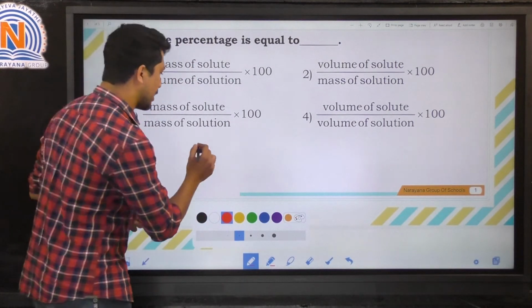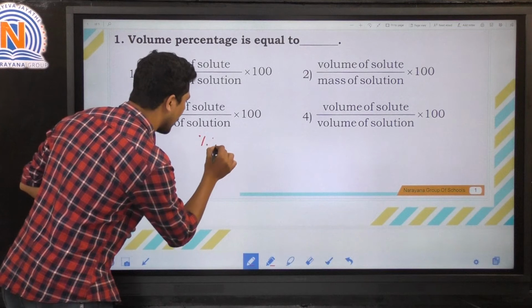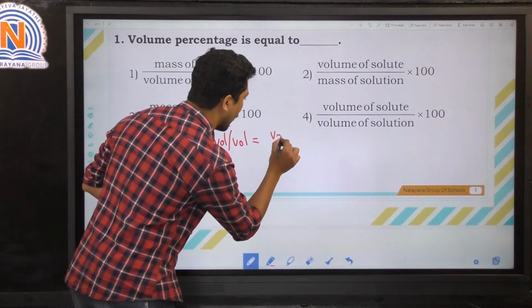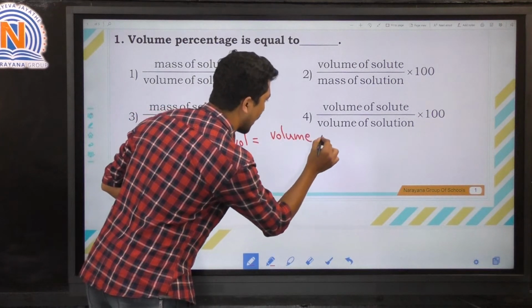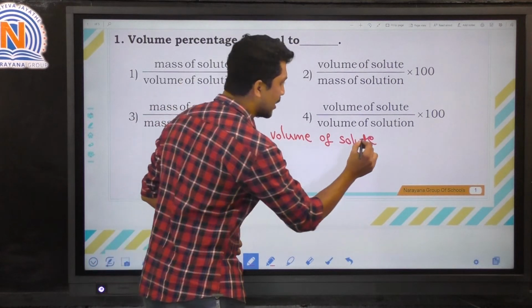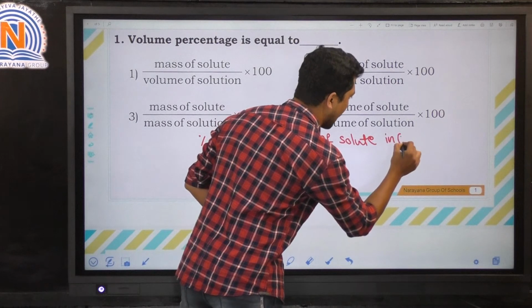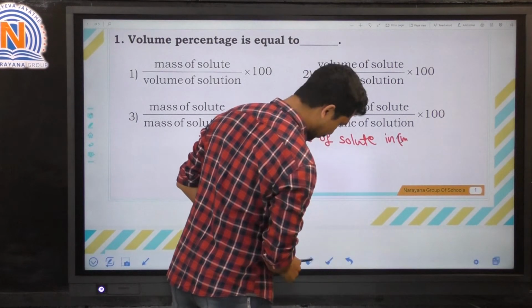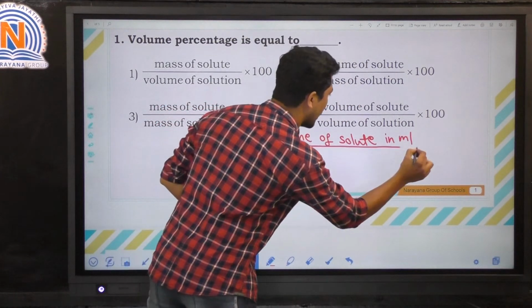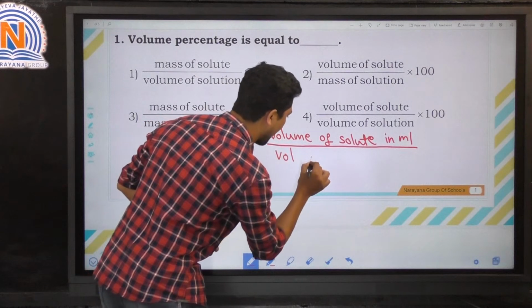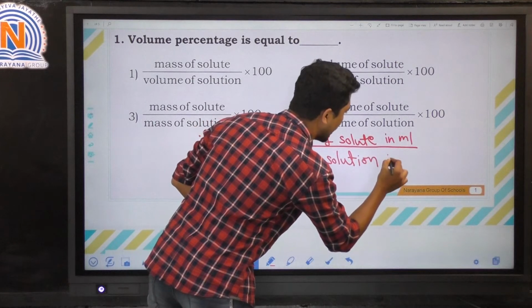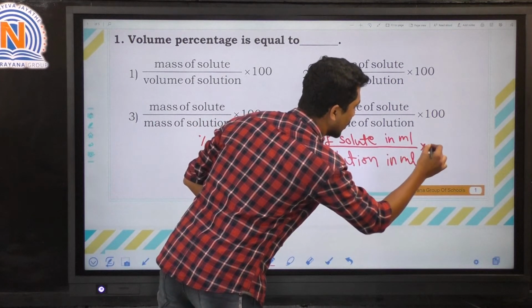So the volume percentage is equal to volume by volume, volume of solute in milliliters, whole by volume of solution in milliliters, into 100.